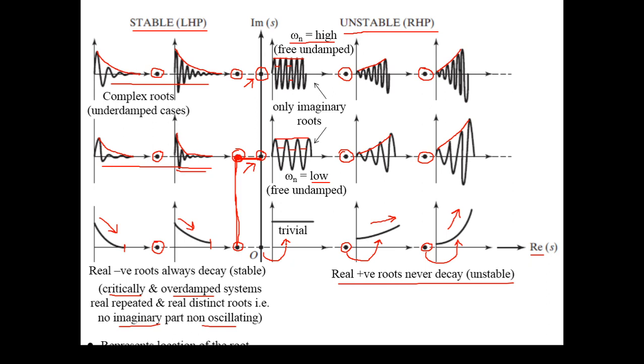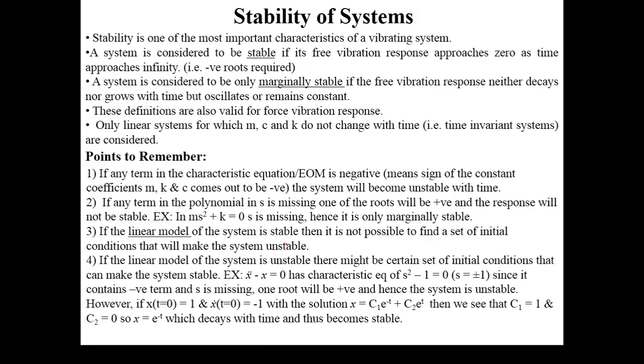Another important concept is the stability of vibrating systems, and this is actually the last topic of chapter number 2. So how can we define the stability of a vibrating system?